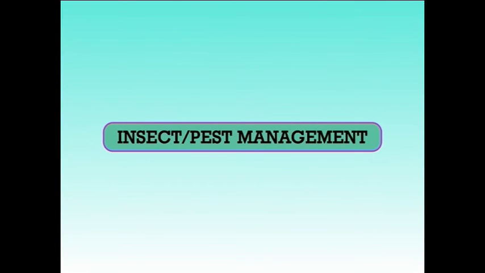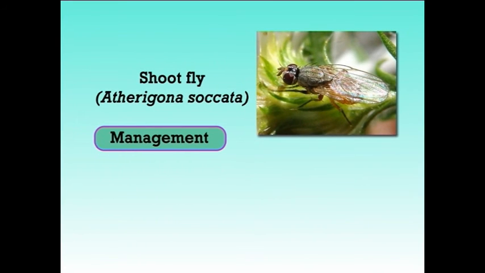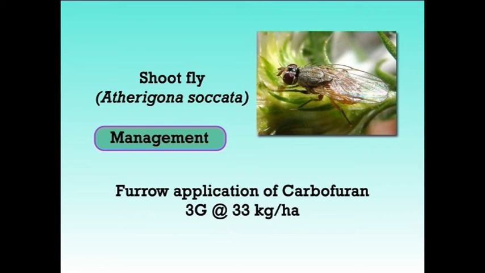Next, we will study about the major insect pests and its management. One very important insect which causes considerable yield loss in sorghum is shoot fly. It is also known as Atherigona soccata. Its management can be done by furrow application of carbofuran 3G at the rate of 33 kg per hectare.